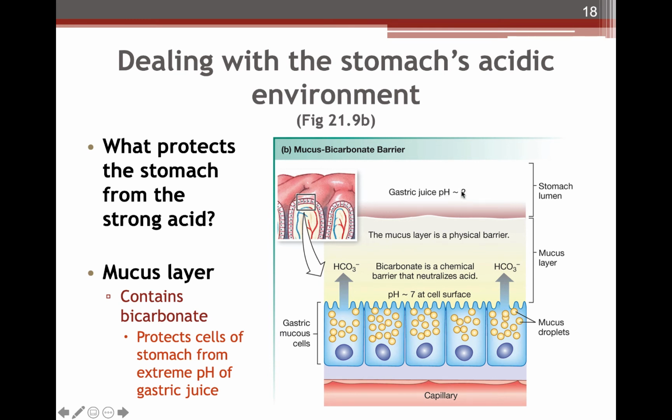If any stray hydrogen ions get into this mucus, they're immediately neutralized by bicarbonate. So that's how the cells of your stomach can stay safe from this very hazardous acidic environment produced by the gastric juices. And I guess that's all I want to say about the stomach.